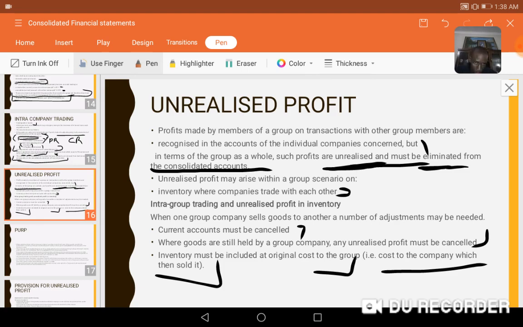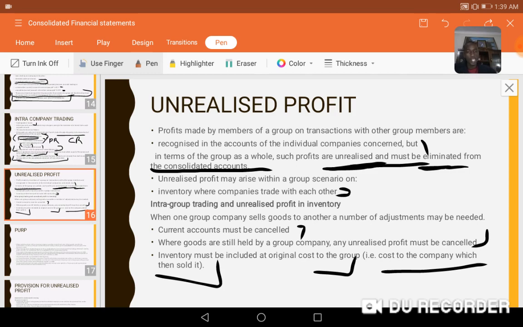We need to remove that £10 profit and recognize the goods at cost, the very same cost or the initial cost at which it was bought, or the initial cost at which it was captured when it arrived in one of the group members who eventually sold to the other member of the group.